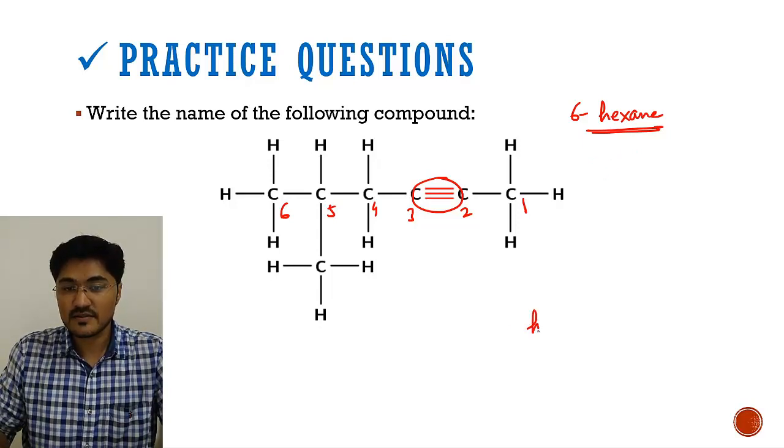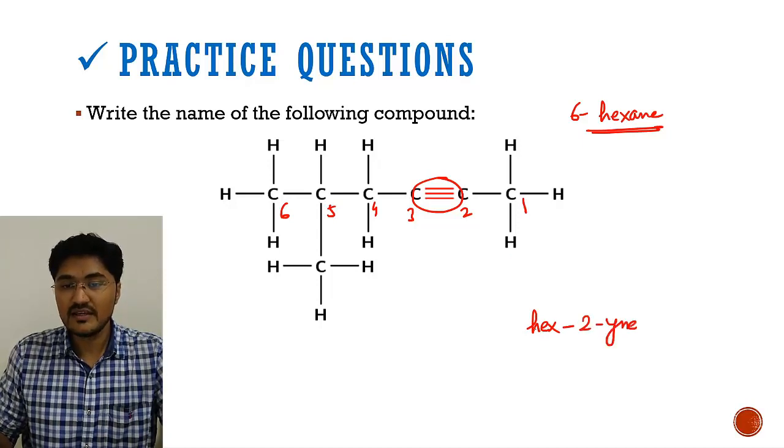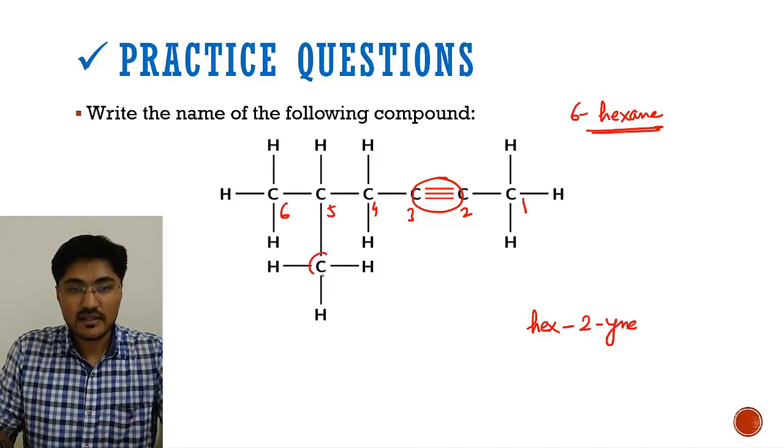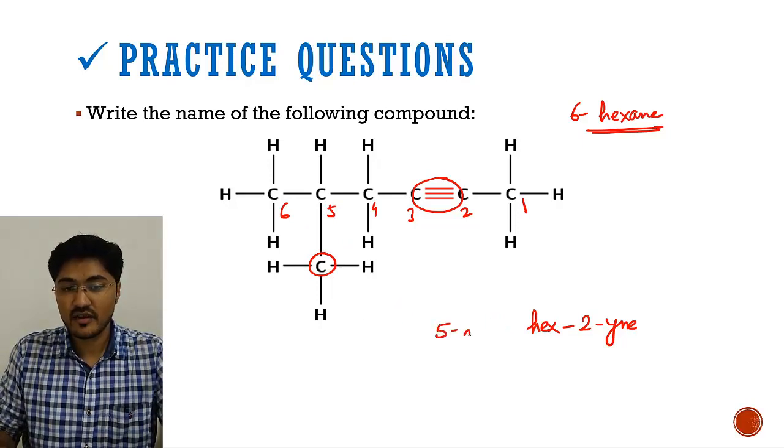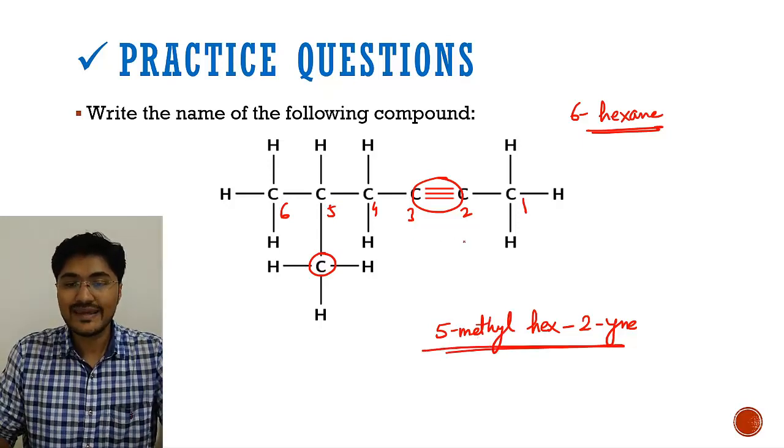So this becomes hex, carbon is second, yne, and the methyl group is attached to fifth carbon, so it becomes 5-methylhex-2-yne.